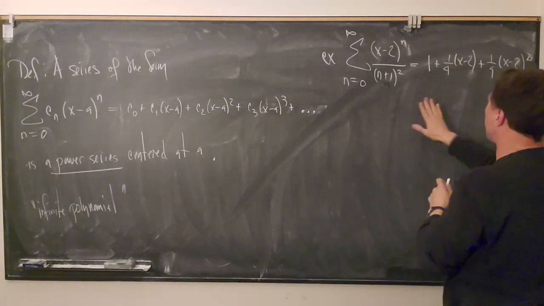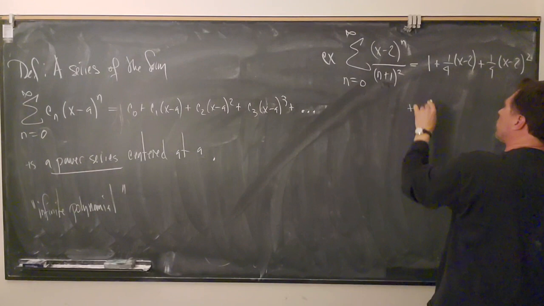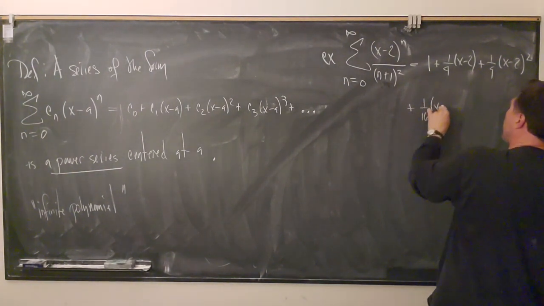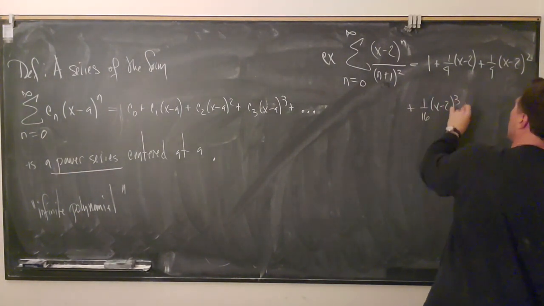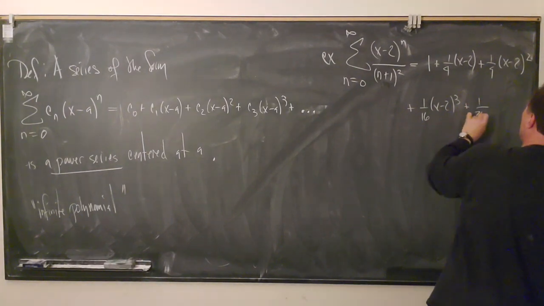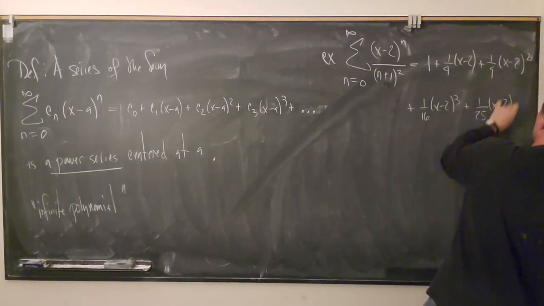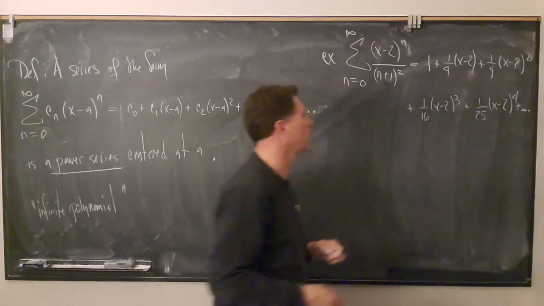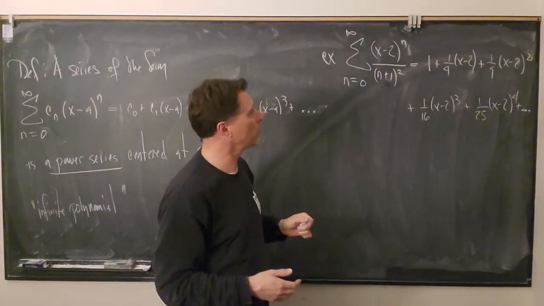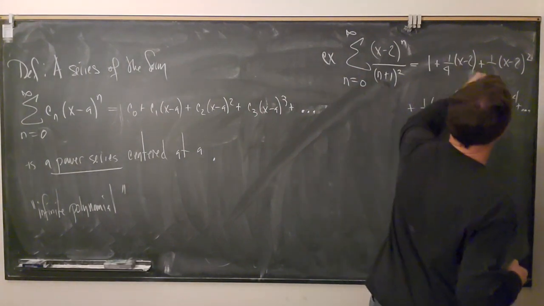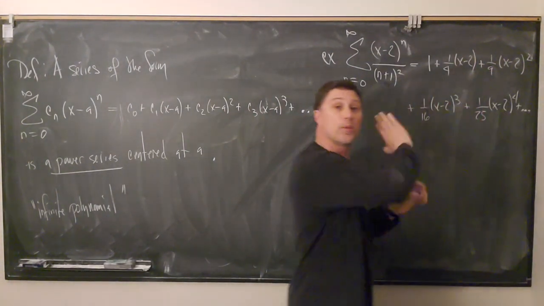Sorry, I ran out of room. I'm going to write a couple more terms down here. The next one would be plus 1/16 x minus 2 cubed, 1/25 x minus 2 to the 4th plus dot dot dot. So that goes on forever. Right? But notice what this really looks like. What this really looks like is a polynomial that goes on forever.